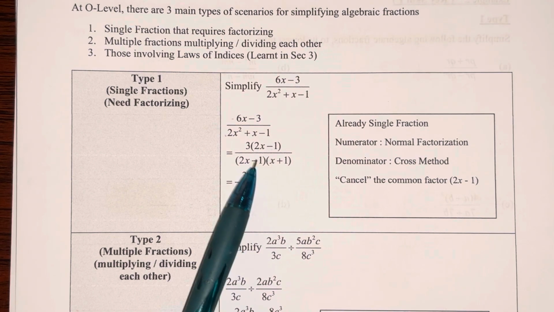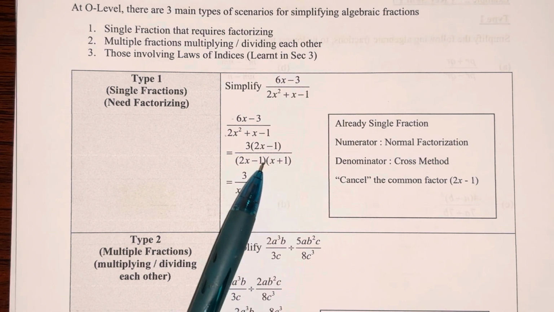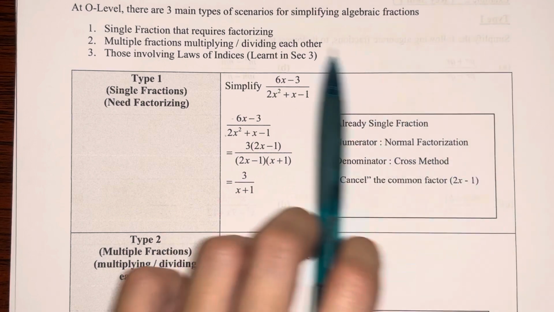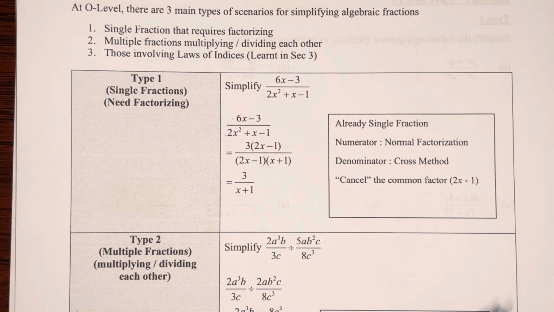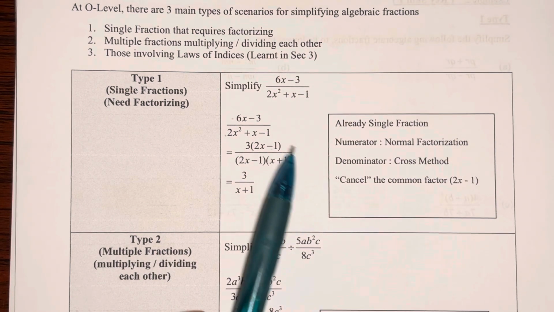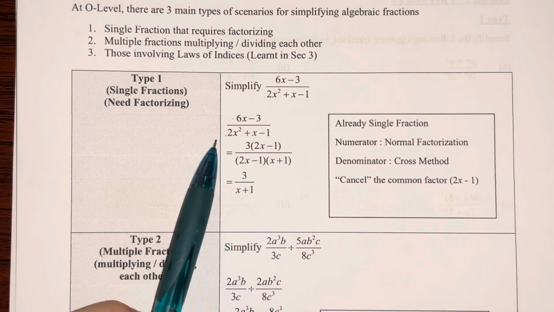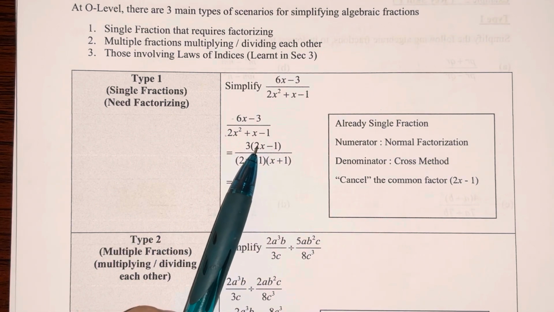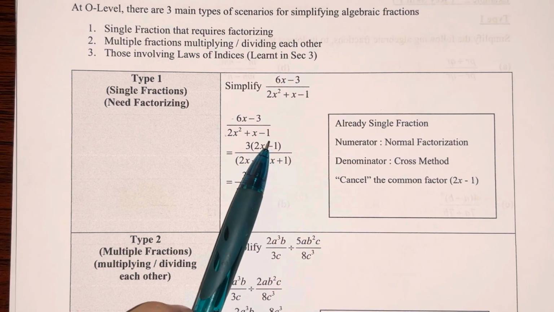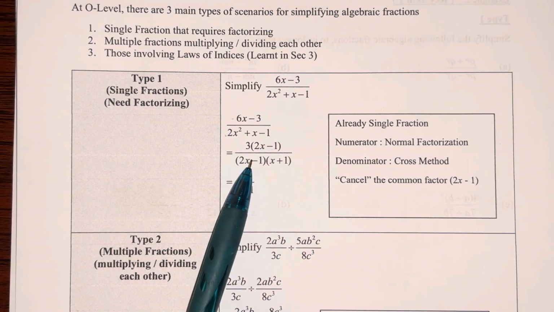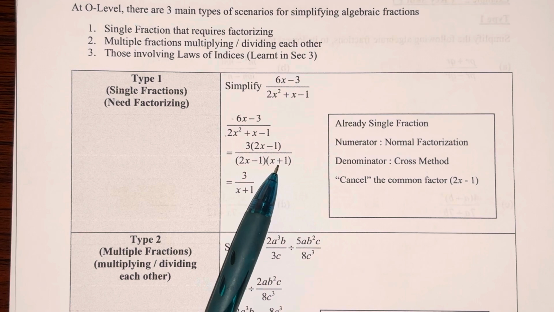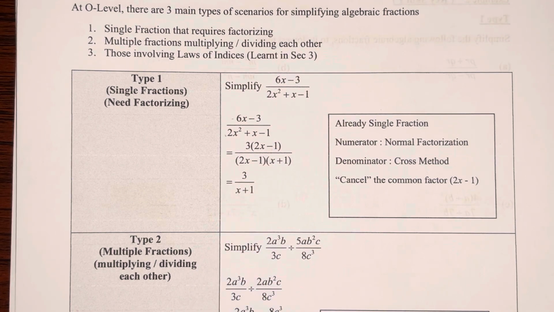If you don't know how to do the cross method, I'll link a video somewhere here. The video will start appearing at some point. You can click that video and go and learn the cross method. You cannot not know this. After this, you can see that the numerator has a 2x minus 1. The denominator also has a 2x minus 1. And then I'm just cancelling this. So I'm left with 3 over x plus 1, and that is the answer.